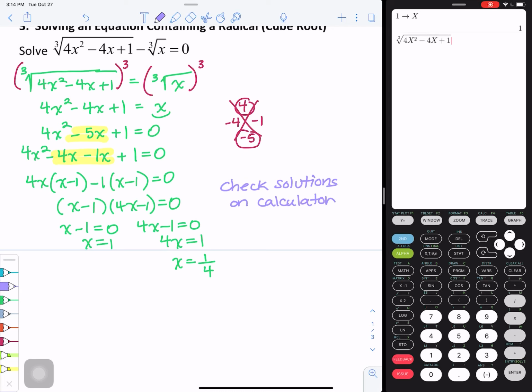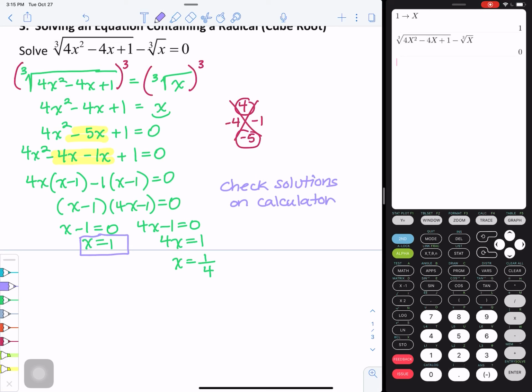And I'm going to come out of that root minus the cube root of x. And I want this to be equal to 0. And it is. So I have a good solution here, x equal to 1.